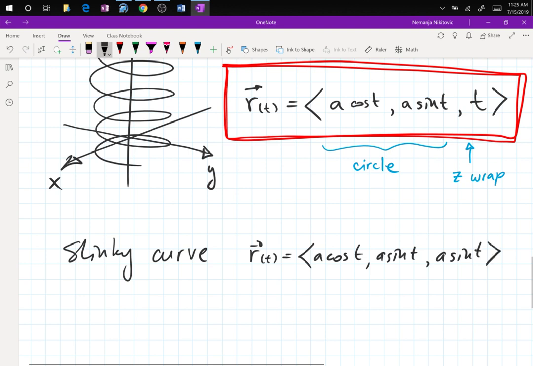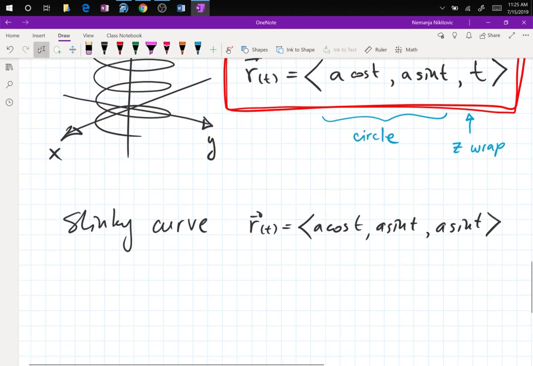Now, obviously, you can make this into ellipses and all of that just by putting A, B, C, or A, B, B, or whatever. Just come up with whatever you want. You can make it into an ellipse in any of the cross sections.